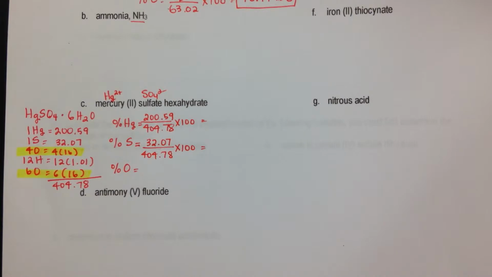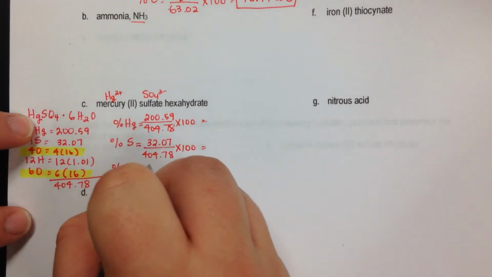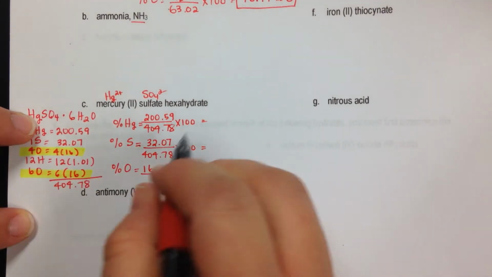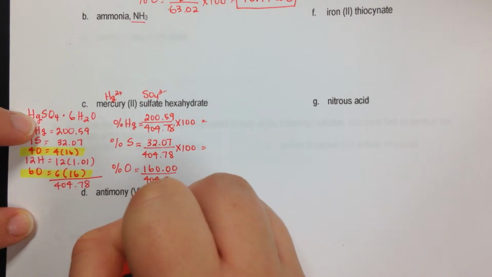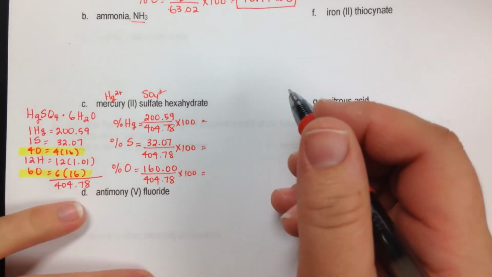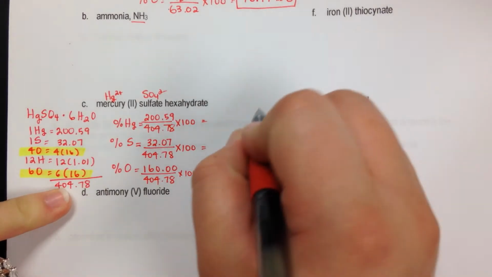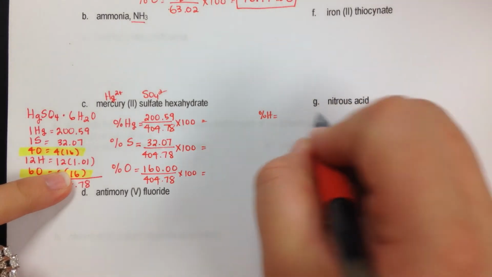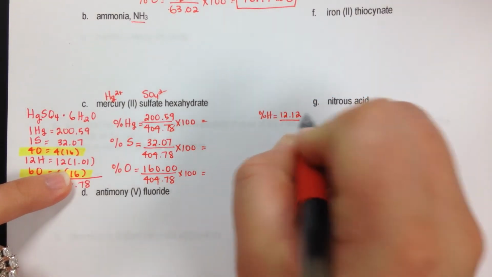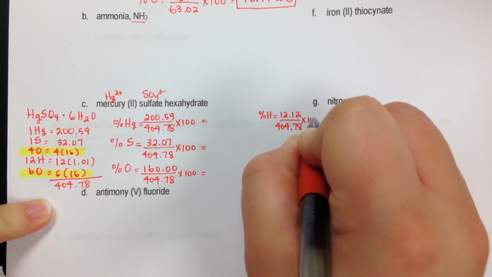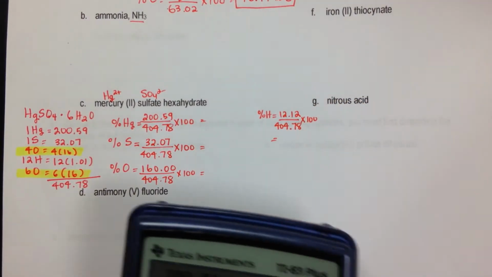Okay, so 4 times 16 plus 6 times 16 gives me a mass of 160, divided by the total times 100. And then I do need to factor in hydrogen, which I'm running out of room for, I apologize. Percent hydrogen is 12.12 divided by 404.78 multiplied by 100.